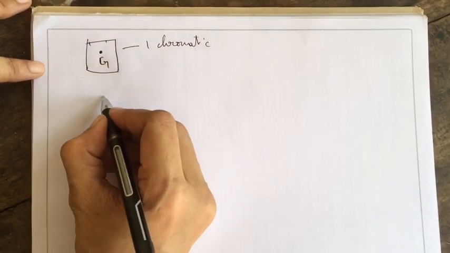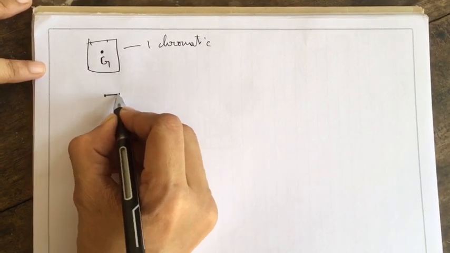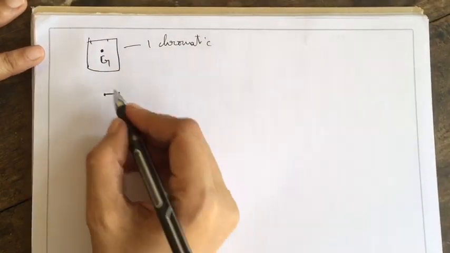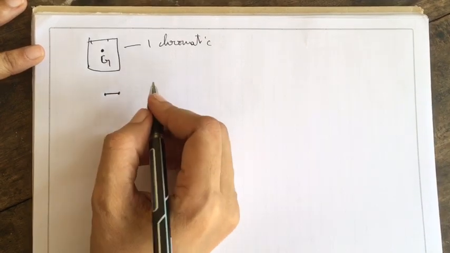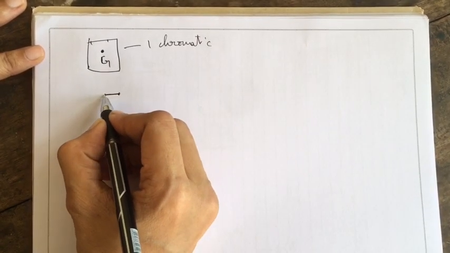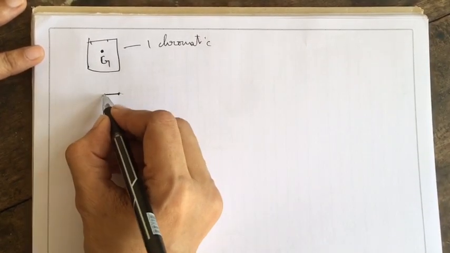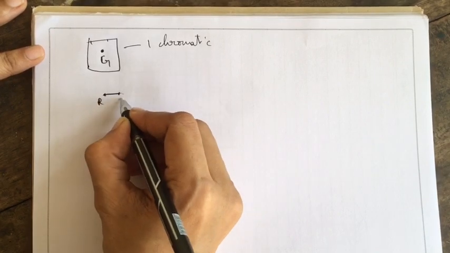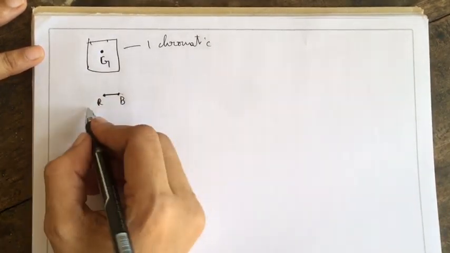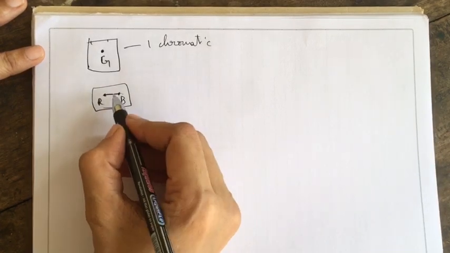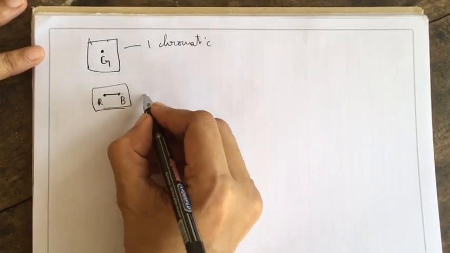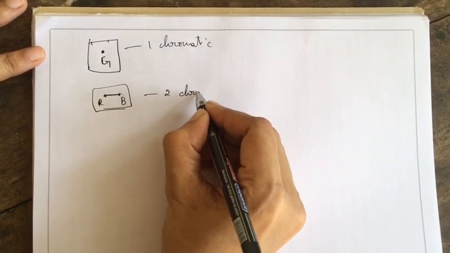Now if I have two vertices and one edge, then proper coloring means I should not give the same colors to these vertices. So for this, if I give red, then for this I'm giving black. Two colors are required if I have one edge. This is now two chromatic.